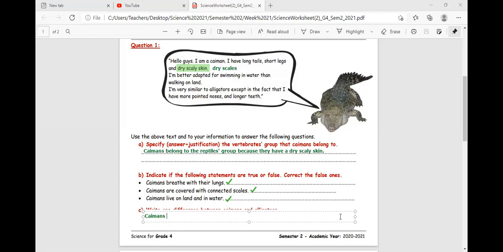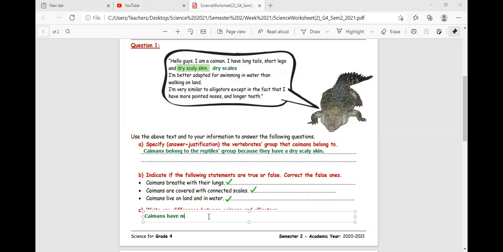Except in the fact that caimans have. Anyone who can tell me the difference between caimans and alligators? I can. Yalla ya Ali. Me.